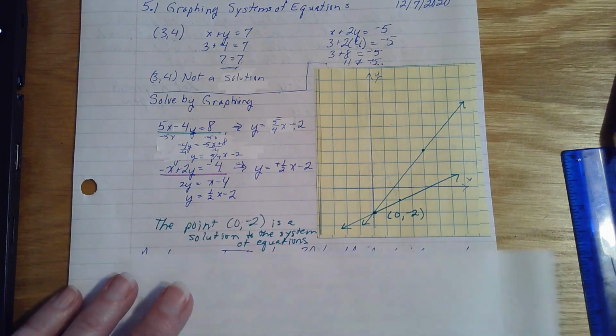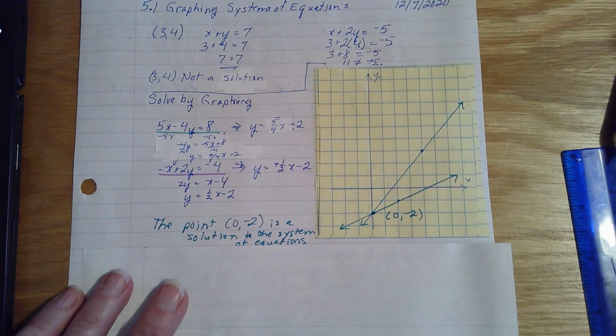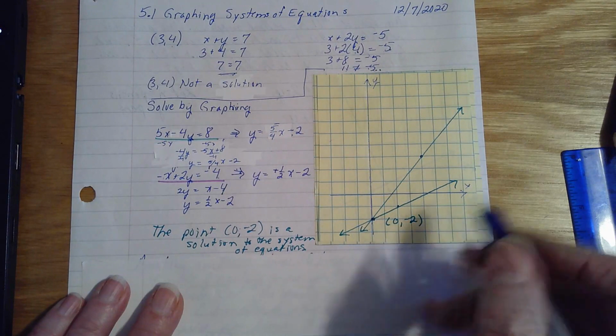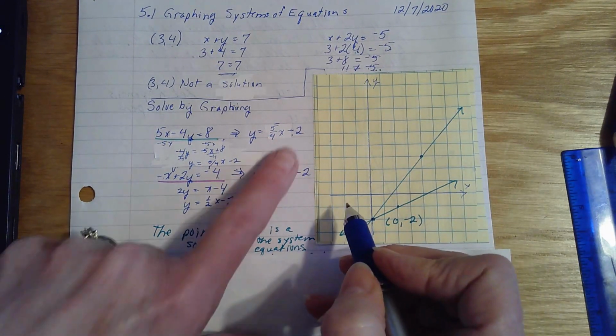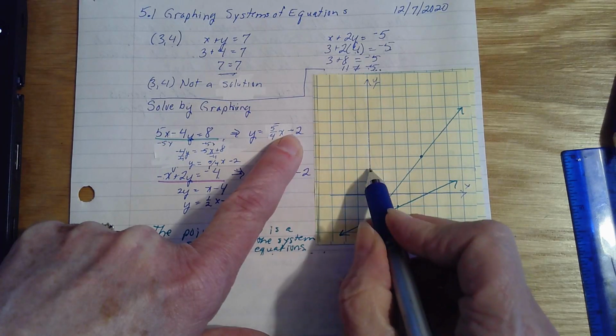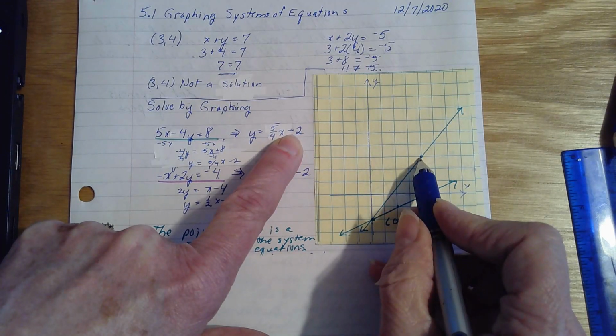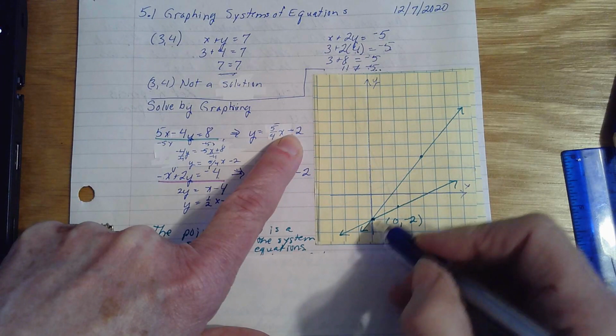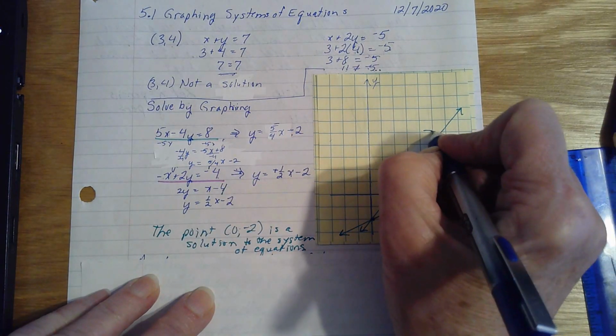When I graph them, I'm going to graph in slope-intercept form. So for this equation, I'm going to come to -2. I go up 5 and over 4 and plot this point, and I draw my line. And let's label this line.